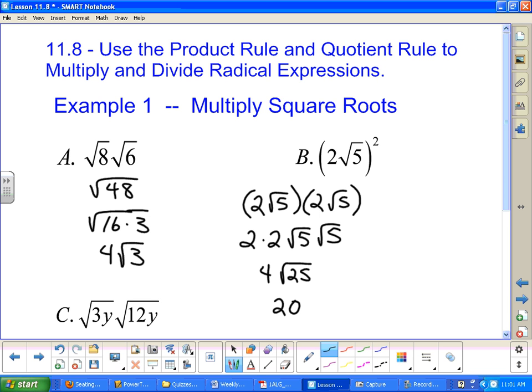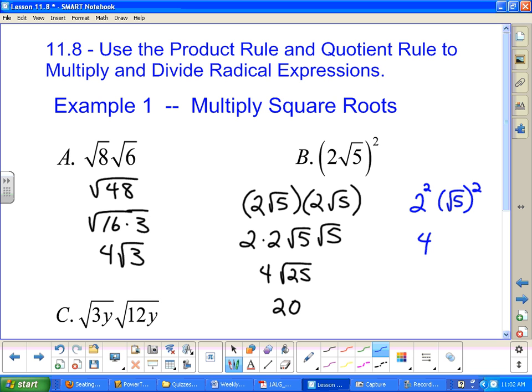Now that's one way to do it. Another way to do it is just think about it as squaring. So if I think of it the other way, we have 2 squared and then the square root of 5 squared. Well, what's 2 squared? Notice I put the exponent with both parts. It goes with both parts. That's an exponent rule. And what happens when I square a square root?